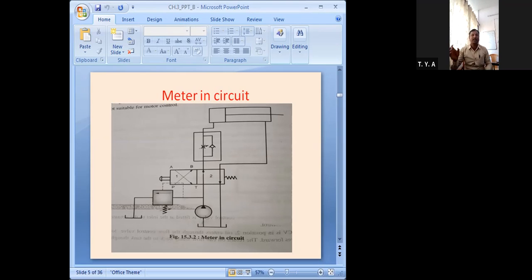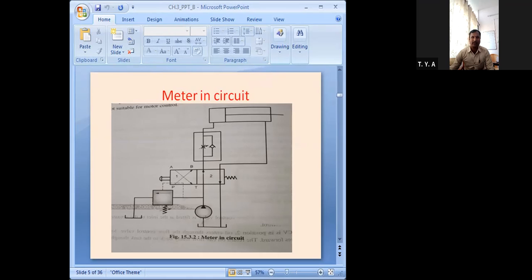Now if we have to take it to its original position, that is called retraction. At that time, when this 4x2 valve, the direction control, is shifted to its right side, oil will flow from the pump to the rod end.